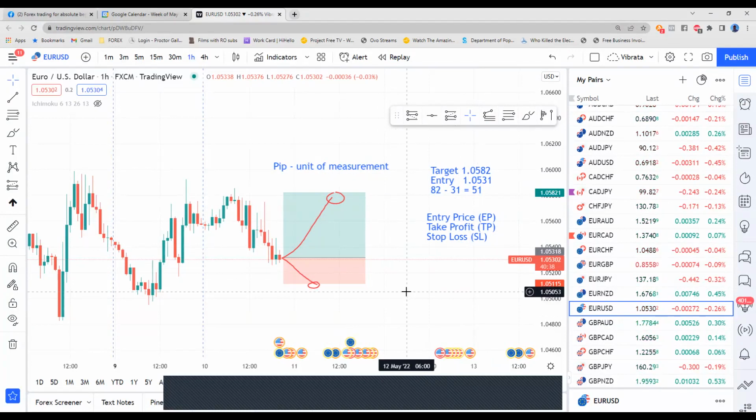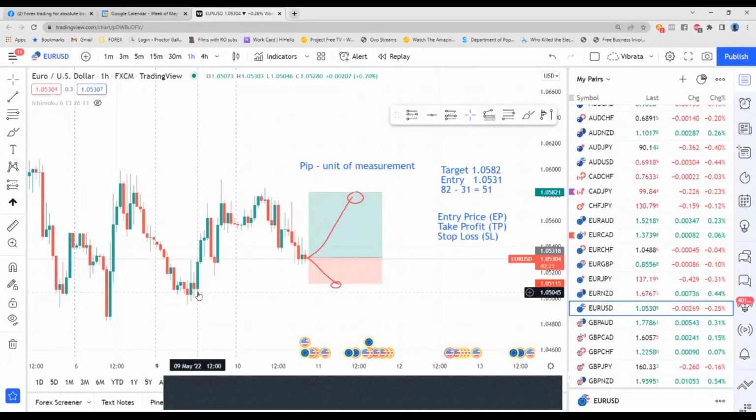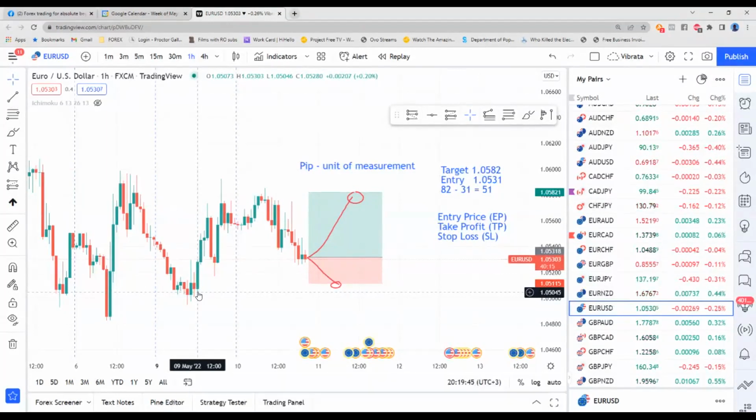So I hear you ask, Clive, how the hell do we make money on fractions of cents? Well, we make money on fractions of cents because of a magical thing called leverage. The only reason that we have to trade with a broker, so when you become traders, if you want to trade with real money, you'll have to deposit funds with a broker.